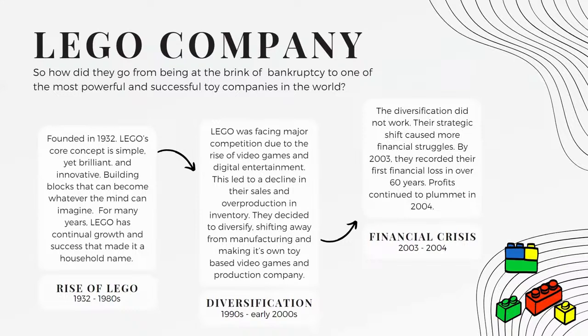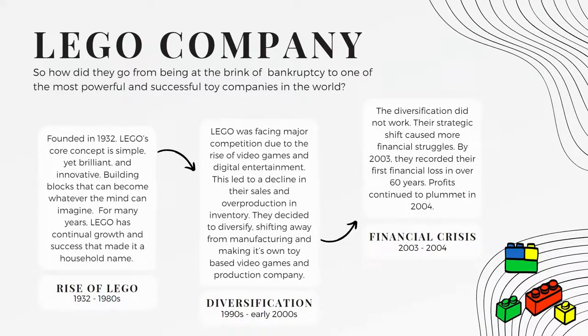So the rise of Lego, it was founded in 1932, and its core concept was simple yet brilliant and innovative. Building blocks can become whatever you want in whatever way you imagine. And for many years, Lego had continual growth and success that made it a household name.